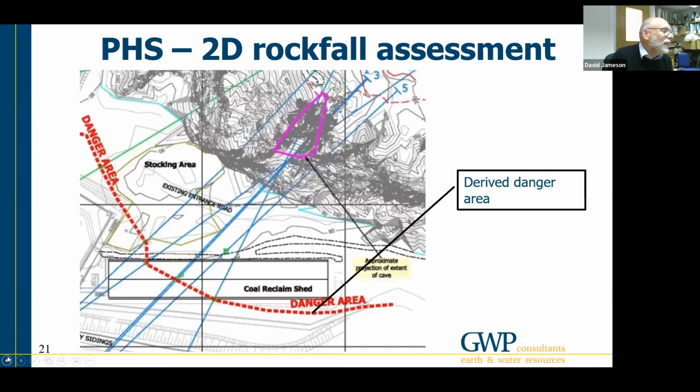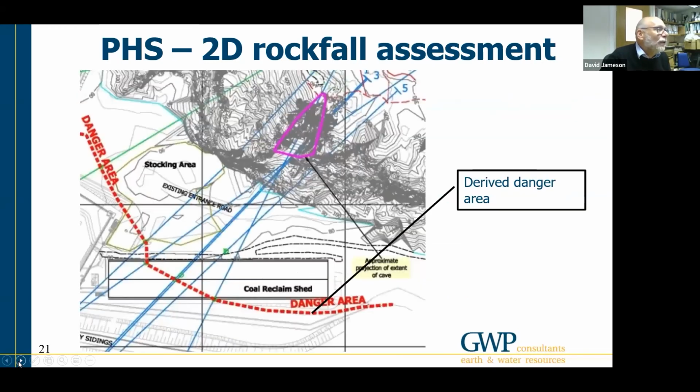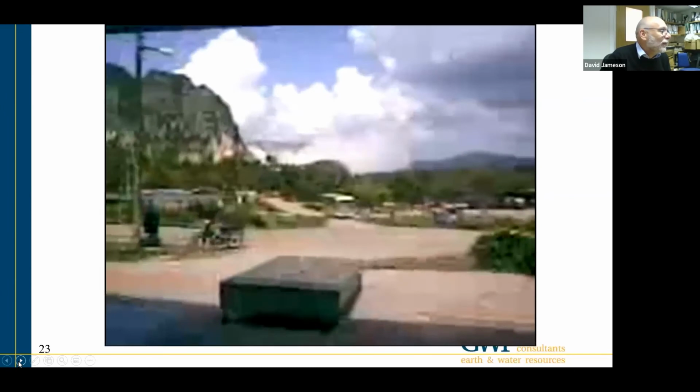You can see that if that whole face was to collapse, lots of that material would not only go over the top of the coal shed, but would impact on the main railway line, which connects Malaysia to Thailand, and onto the 4-lane carriageway, which is immediately behind that as well. So the operators on that site have some careful excavation to do to avoid all of that material falling down the slope.